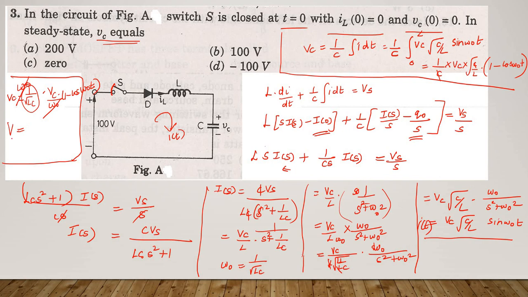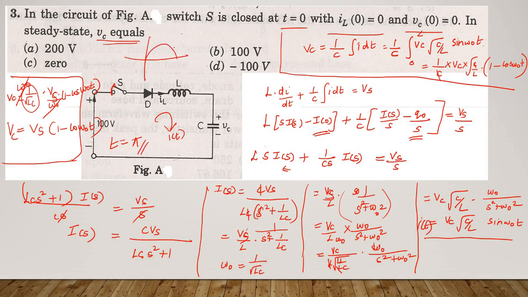So VC equal to, not VC, VS into 1 minus cos omega naught t. At steady state, in steady state means t is equal to 5.